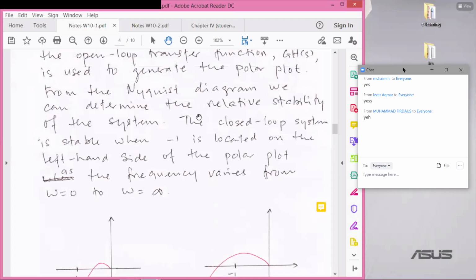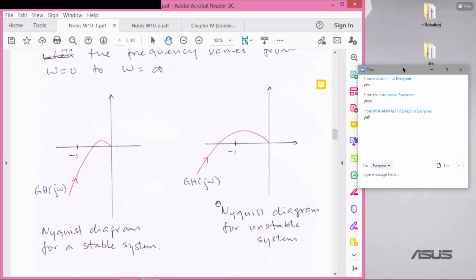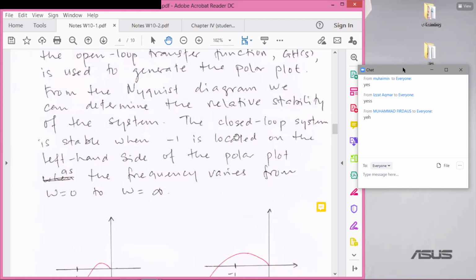We can only talk about relative stability for a stable system. There's no point in talking about relative stability if the system is unstable in the first place. So for a stable system, we can now evaluate the relative stability.